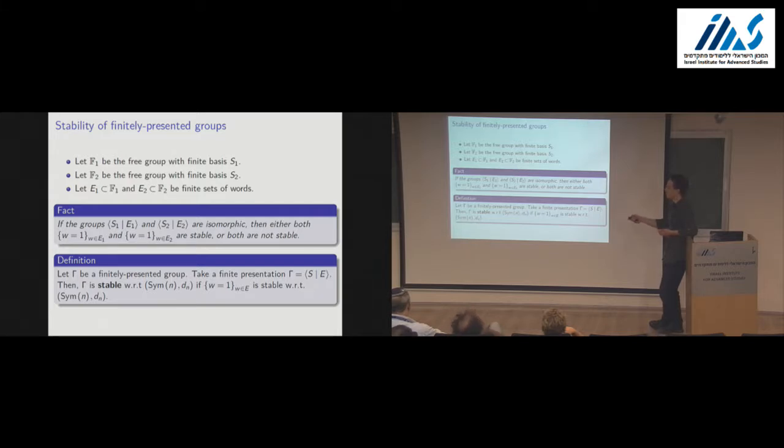And this is well defined because of this fact. It doesn't matter which presentation of the group I took. So this is not how to prove it, but it enables us to use group theory to study those equations. Okay. Yes.